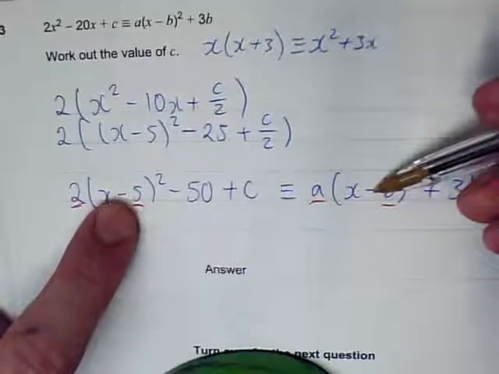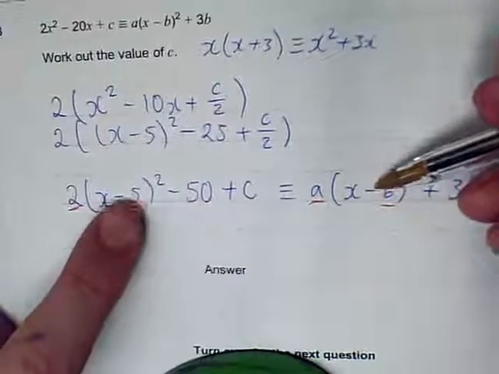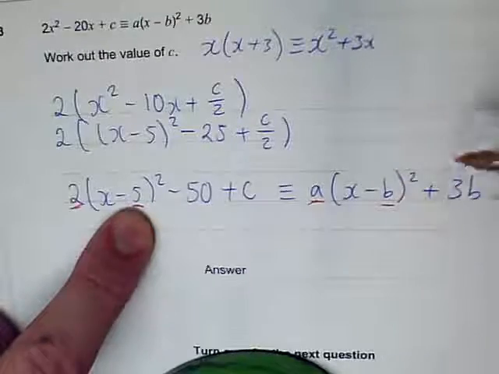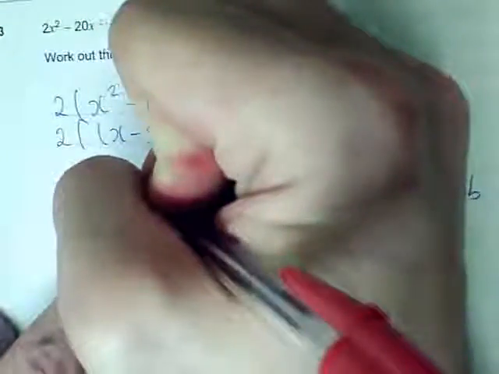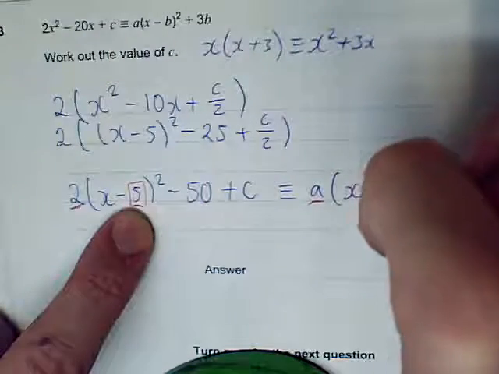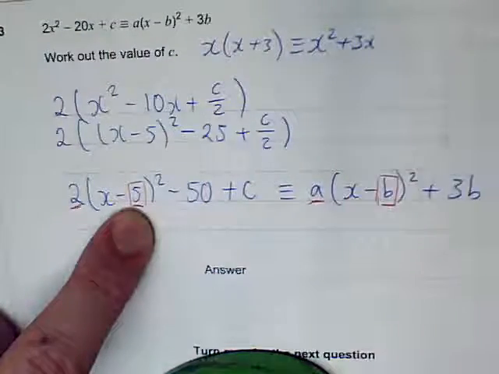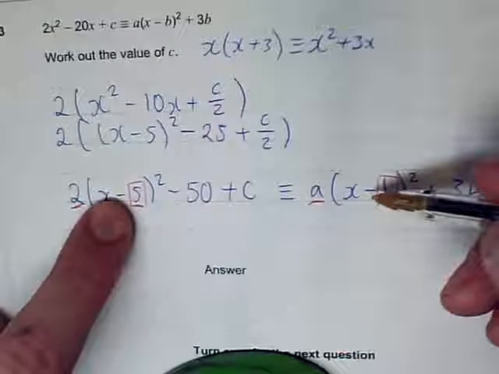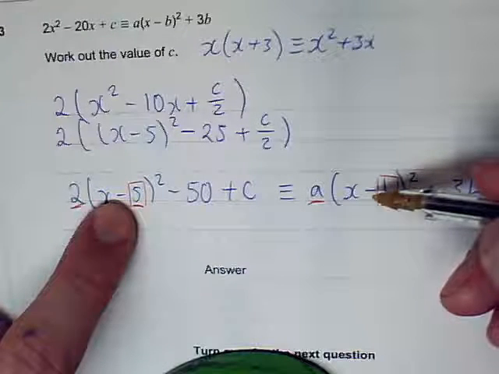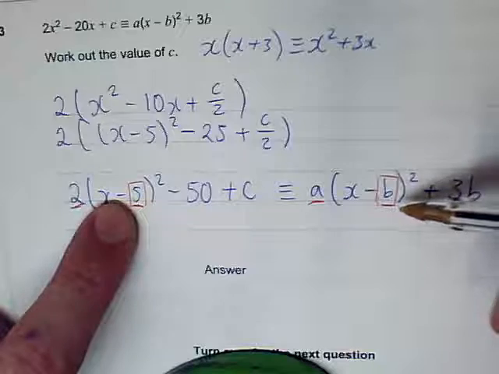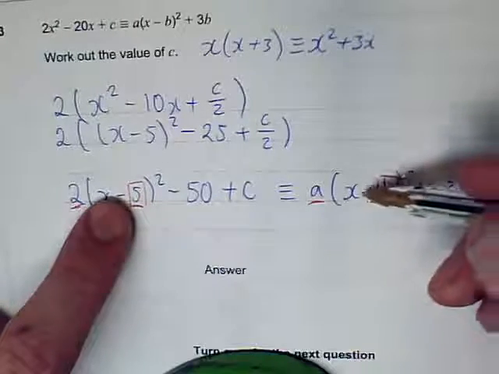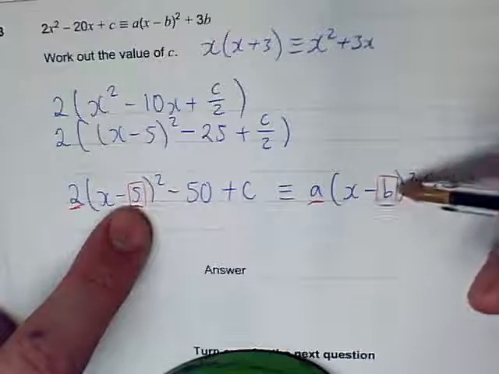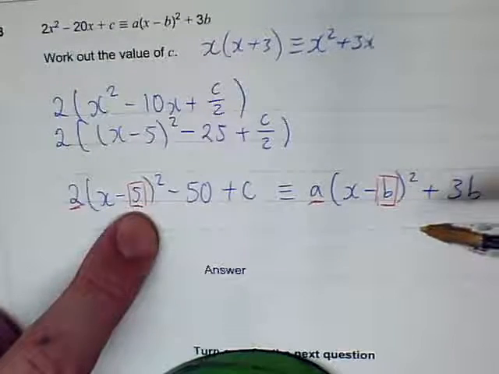It's x minus, that's already given to you. So the value of b itself is just the 5. So b itself is 5 and not minus 5 because the minus was already given to you. So if you said the b was minus 5, you would then end up with a situation where you've got minus minus, which makes a plus. So the b value itself is just 5.